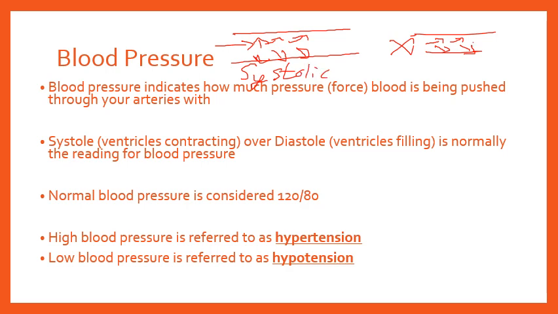The blood pressure, how much your blood is pushing against your veins and arteries without the ventricles contracting, is called your diastolic pressure. Diastolic pressure is basically when your blood is at rest.